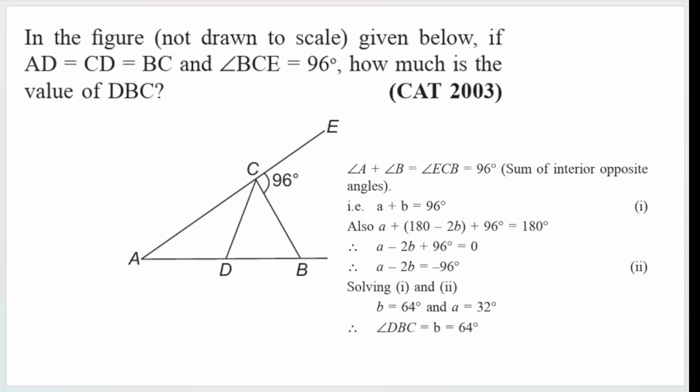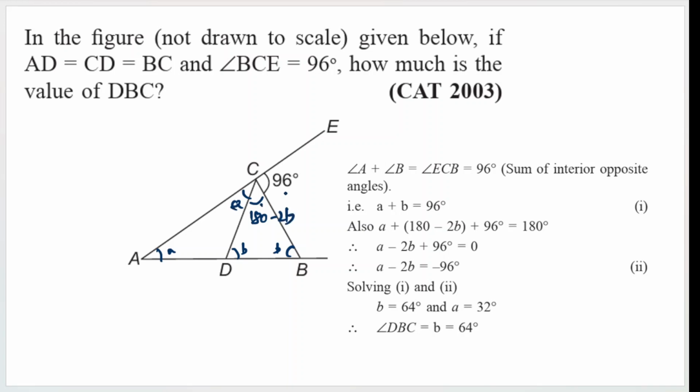Okay. Let's use this and find out. For example, if we call this A and A, and this B and B, then this becomes 180 minus 2B, right?